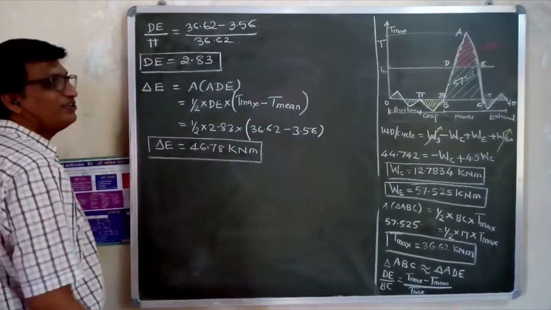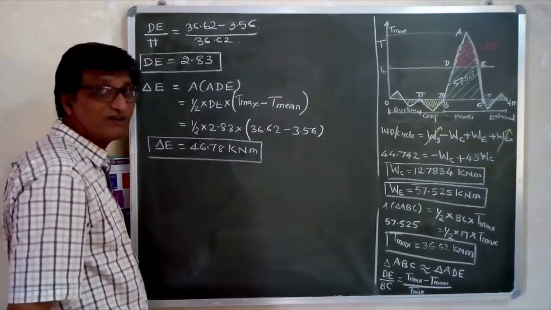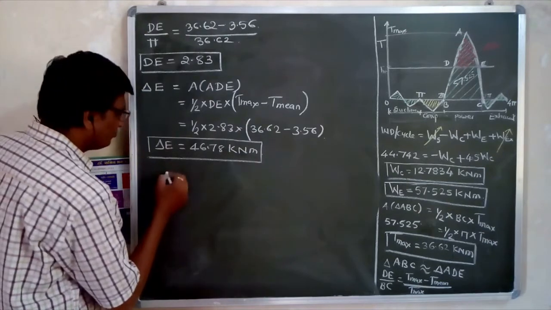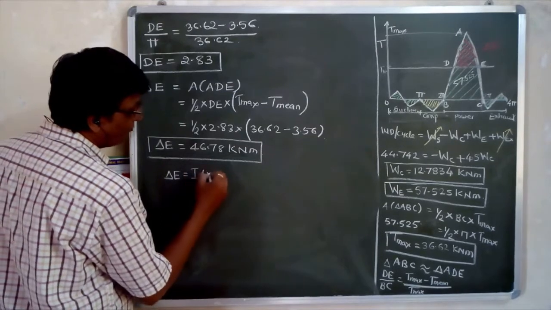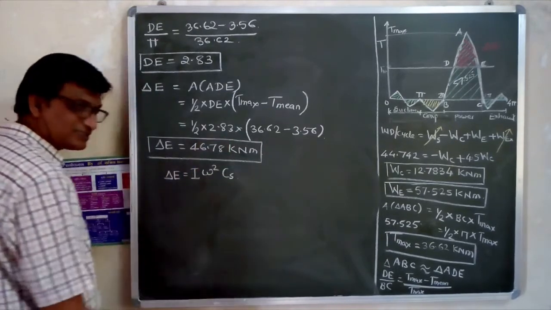Now again, your aim is not to calculate delta E only, your aim is to calculate I. So delta E is equal to I omega square CS.